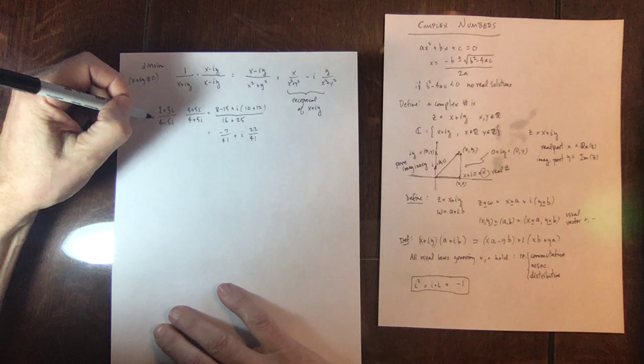This times this. So that's r1 r2 cos theta 1 cos theta 2, and then minus this times this. So you have r1 r2 sine sine. So that's the real part.